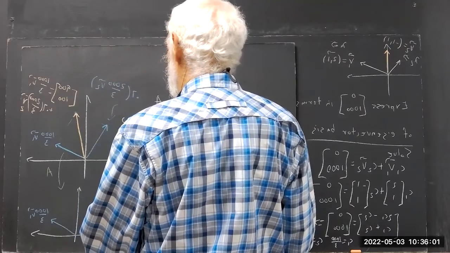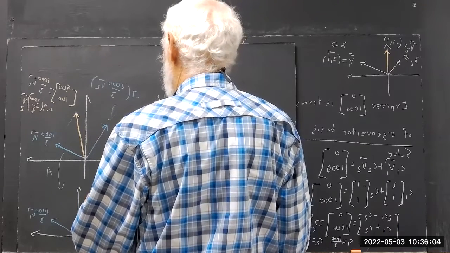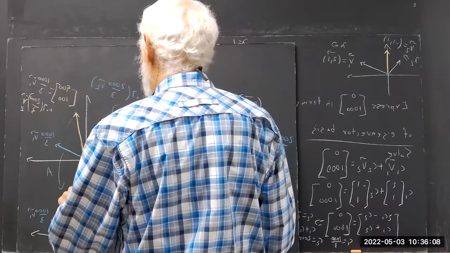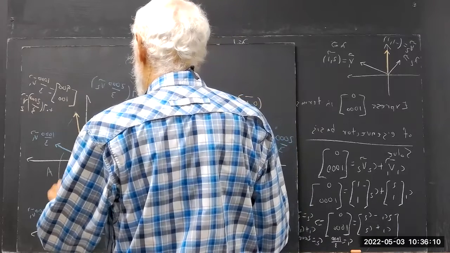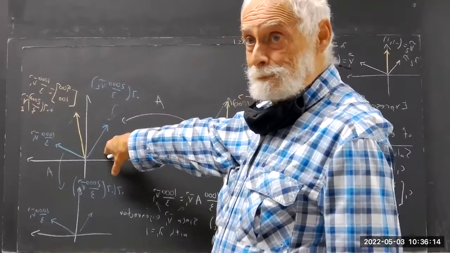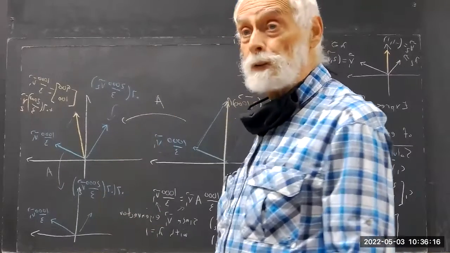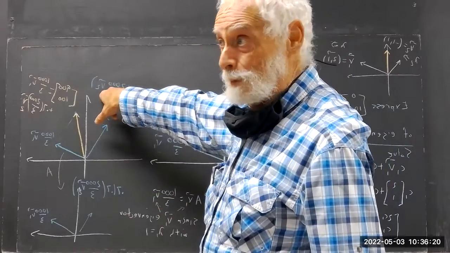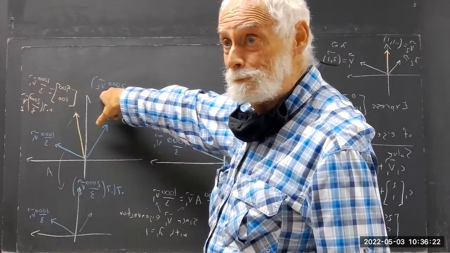So this is 0.7 of this one, because this one always has to shrink by 70%, because V2 is an eigenvector with eigenvalue 0.7.